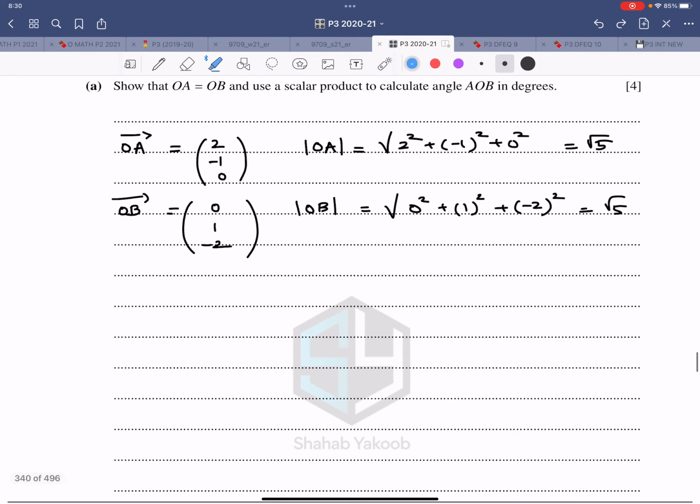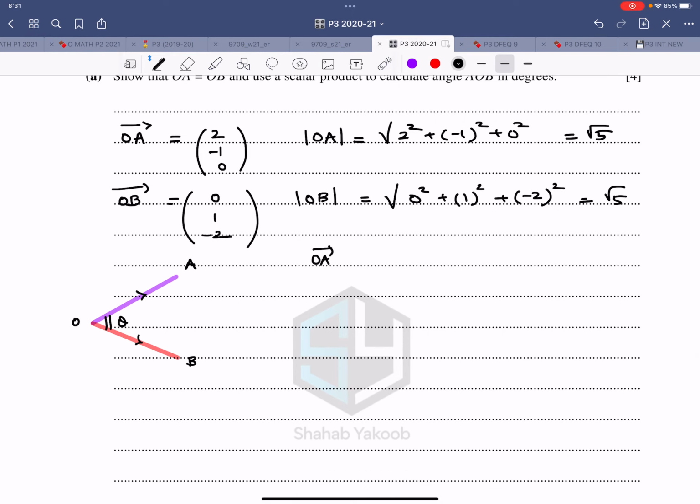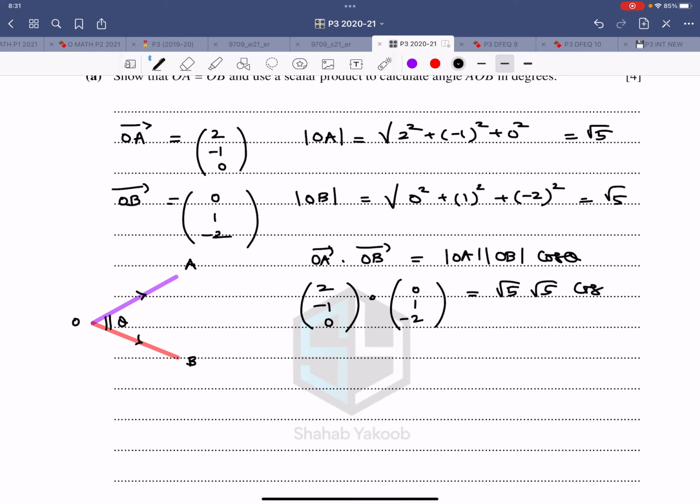This is A, this is O, this is B, and take 2 vectors diverging from a point or both converging to a point. So OA dot OB is OA modulus, OB modulus cosine of theta. So this is (2, minus 1, 0) dot product with (0, 1, negative 2), that is root 5 times root 5 cosine theta, and they want the answer in degrees.